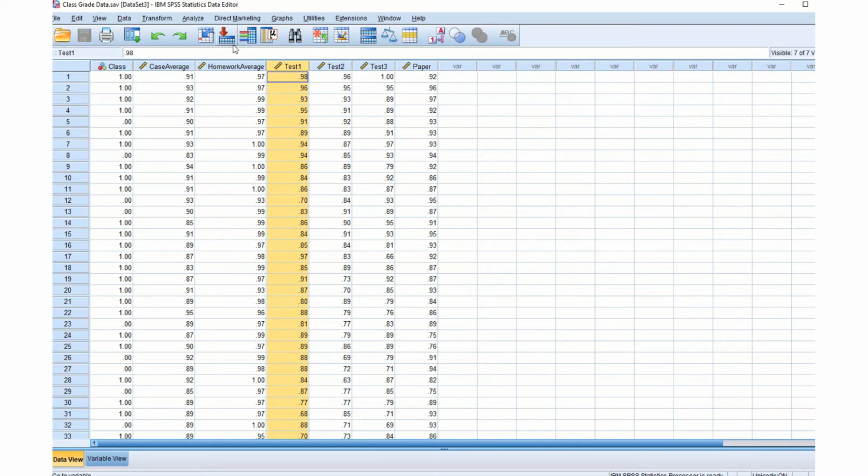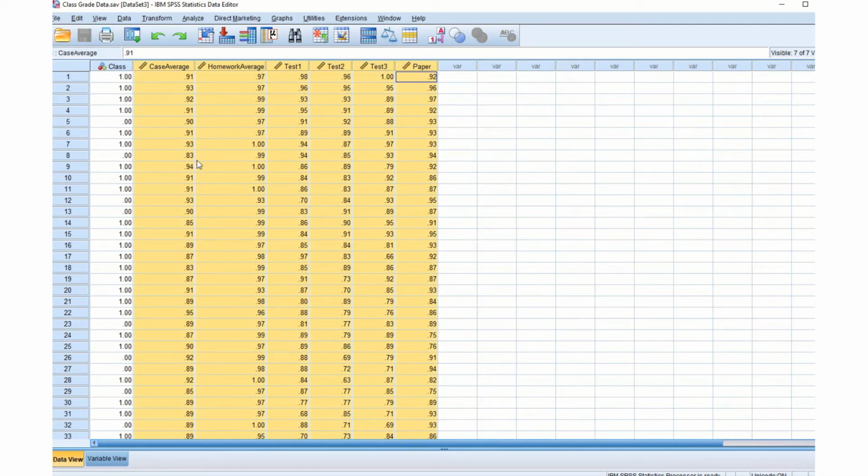So the first thing that you should think about doing is again going through your data and identifying outliers, and also identifying whether there's multicollinearity among these variables.